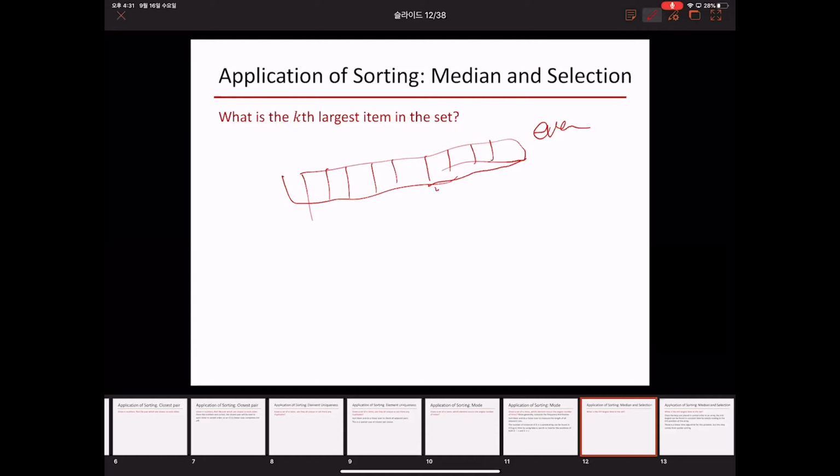Okay, let's assume even first, and then divide the length by 2. If it's even, then the index must be the length divided by 2 plus 1. This one?